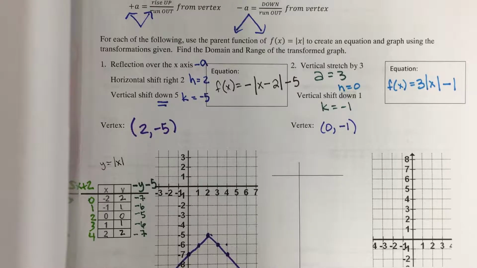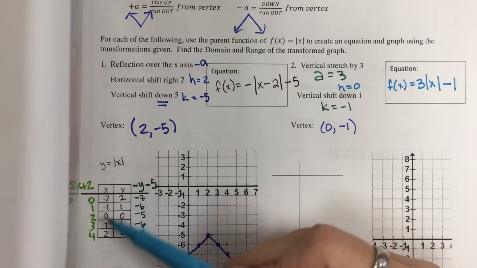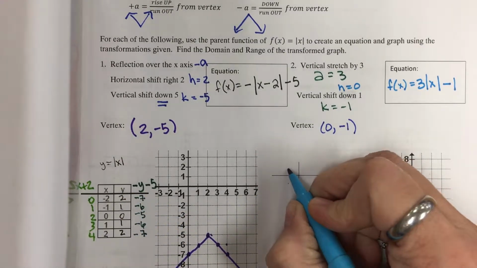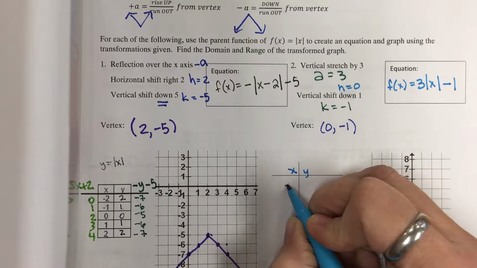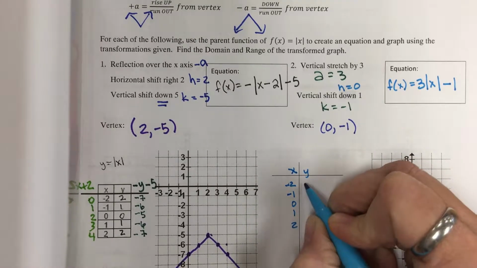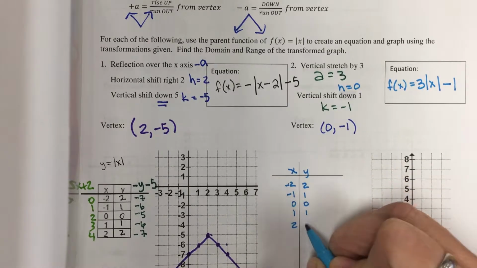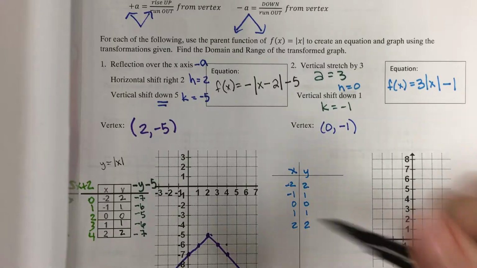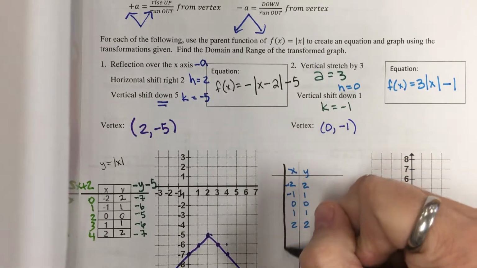Then we're going to make our t-chart. Did you notice how they left it blank for us? Now, when I do this, I always write down what the parent graph is. So I write down x, y, and do negative 2, negative 1, 0, 1, 2, and then 2, 1, 0, 1, 2. And then I add on the other parts.